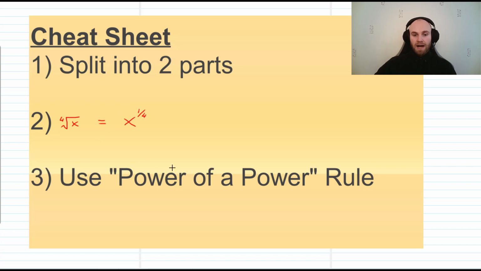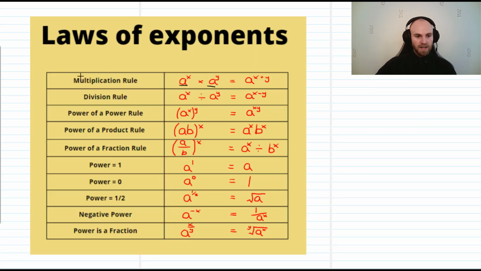And then we're going to use the power of a power rule to find out the answer. And if you don't know what this power of a power rule is, it's this one. So if you have a to the power of x, and then all of this to the power of y, you're going to multiply these two powers to get a to the power of x multiplied by y.